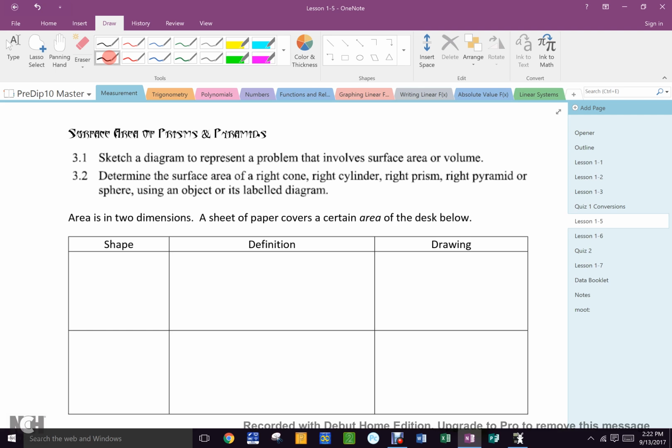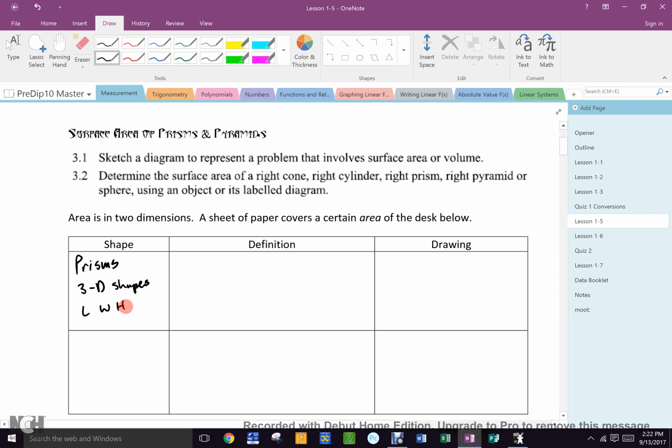Height. If something has length, width, and height, we say it has 3 dimensions. So the first thing we are going to talk about are prisms. They have 3 dimensions, 3D shapes. They have an L, a W, and an H.